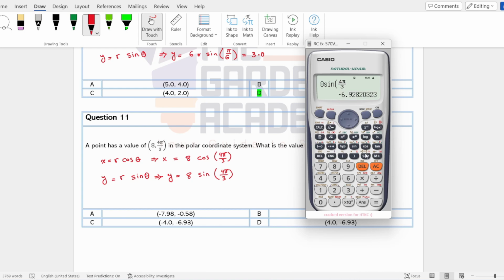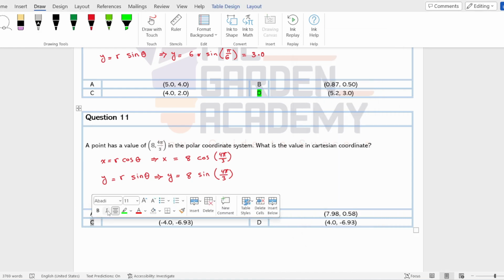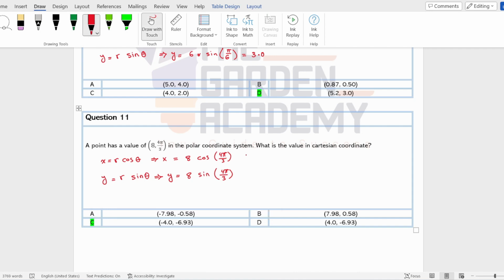Then based on that we will choose C. Let's write it down. First, we choose C because the answers were for the first one -4 and for the second one -6.93. This is for question number 11.